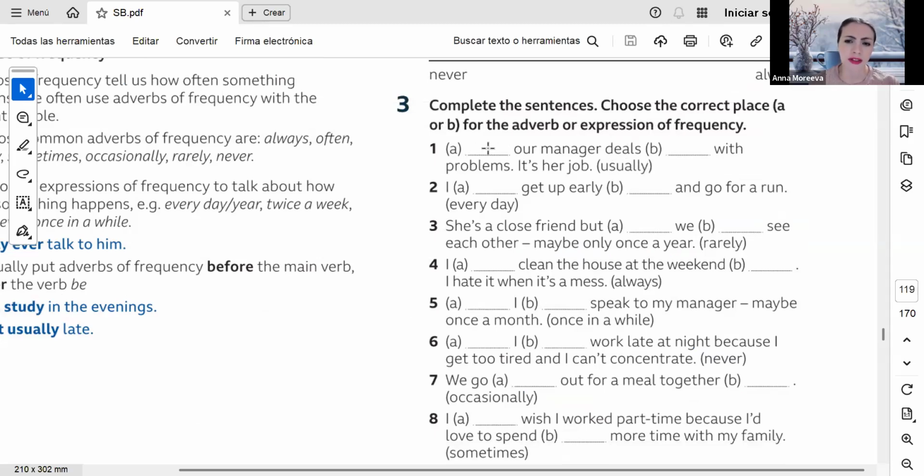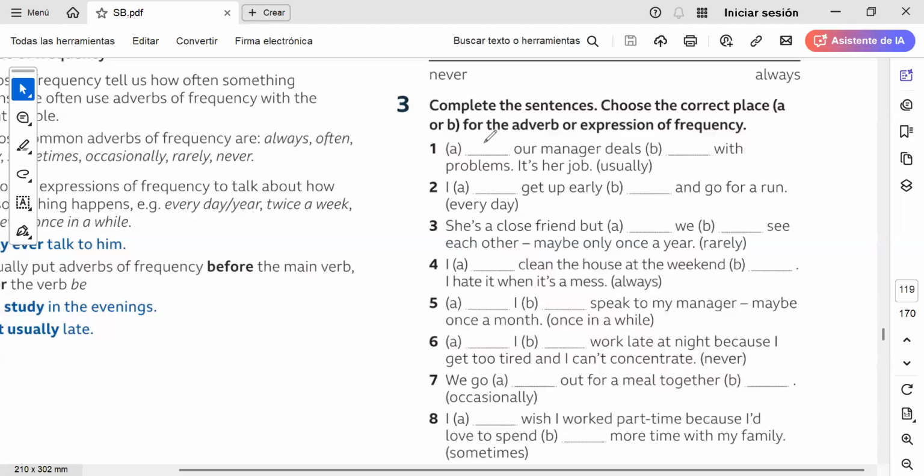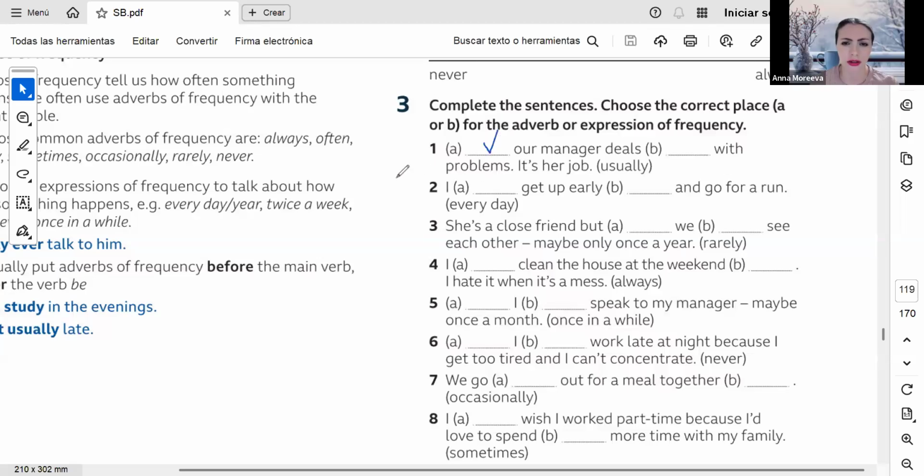For example, we say, usually our manager deals with problems, or our manager deals usually with problems. I think A. Our manager deals usually with problems doesn't sound well. It could be our manager usually deals, but not after deals.